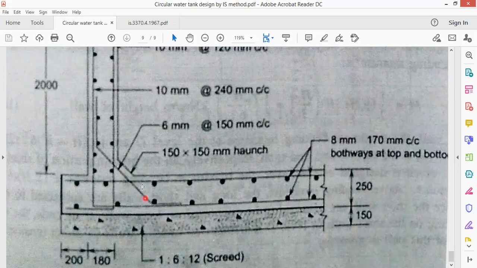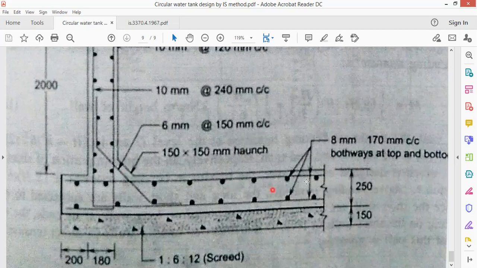We need to provide this to resist the water pressure. Haunches can be provided. They have a dimension of 150 mm by 150 mm, that is sloping edge, and for the haunch minimum reinforcement is provided, that is 6 mm dia bar at a spacing of 150 mm center to center throughout the length and width.